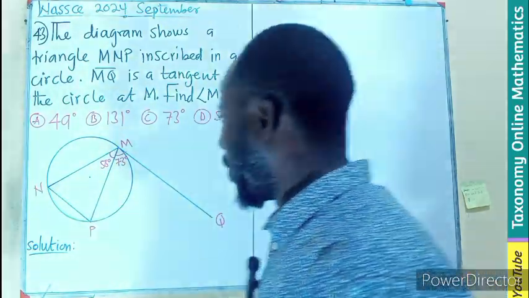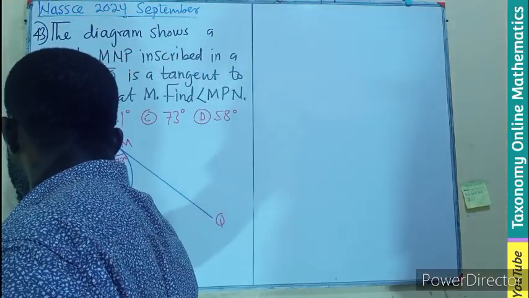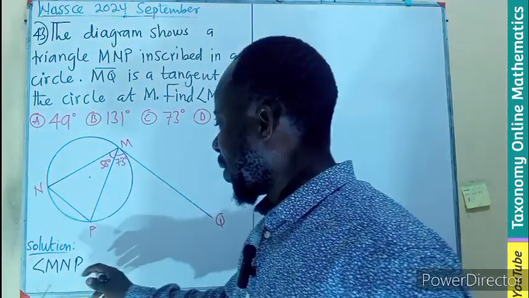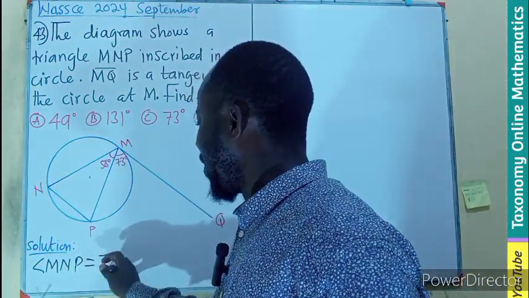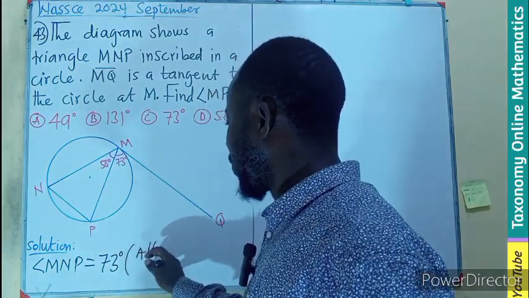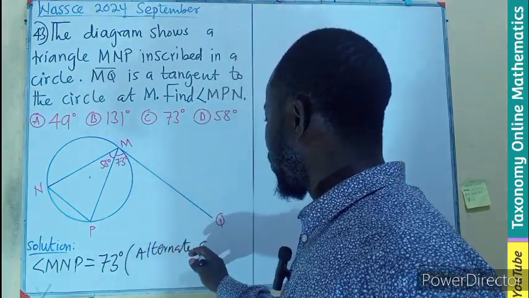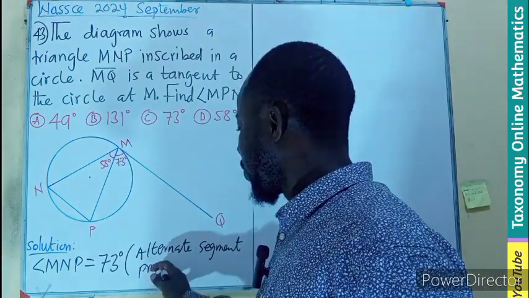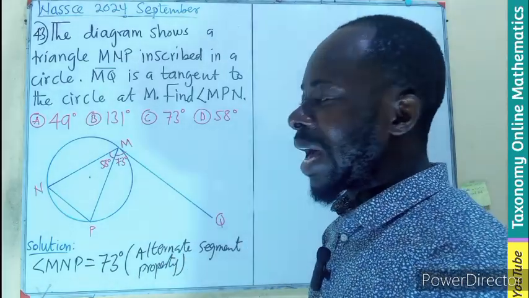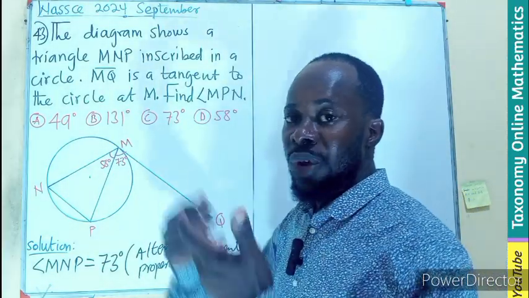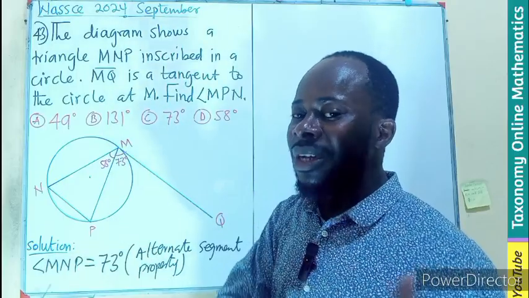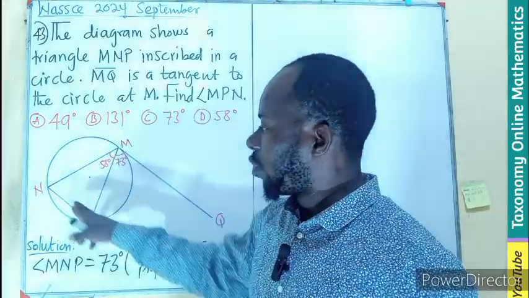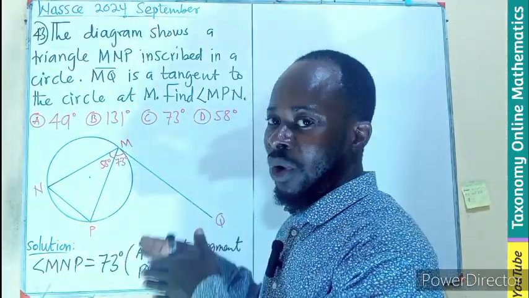So directly, we can say that the angle MNP will be equal to 73 degrees, which is the alternate segment property, meaning the angle formed between a chord and a tangent equals the angle in the alternate segment, or the opposite segment.